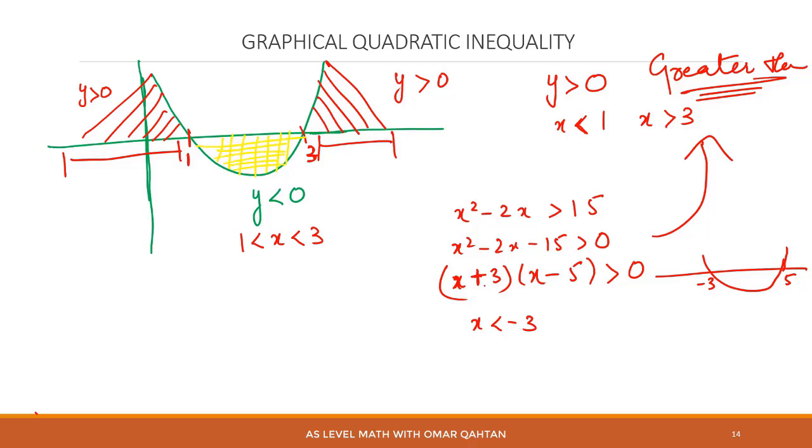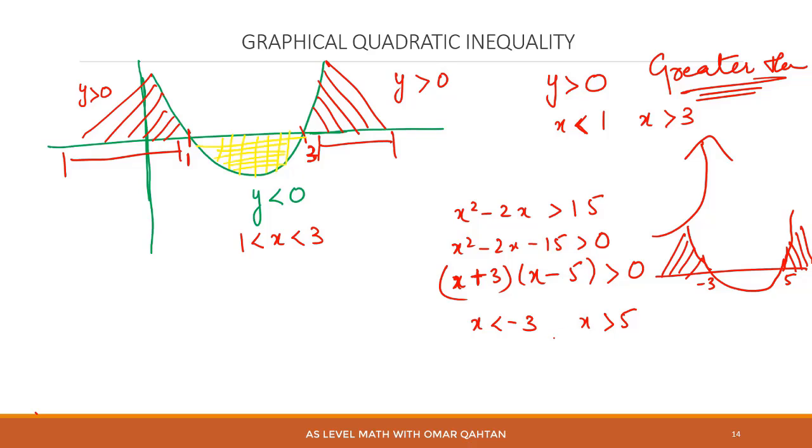Remember the sign change: because we have plus 3, I am going to write minus 3, and if I have minus 5 over here, I am going to write plus 5. Now the important thing is that the part is greater than, so definitely the greater than part is this one. So I am going to write it like x less than minus 3 and x greater than 5. So these will be the true values.